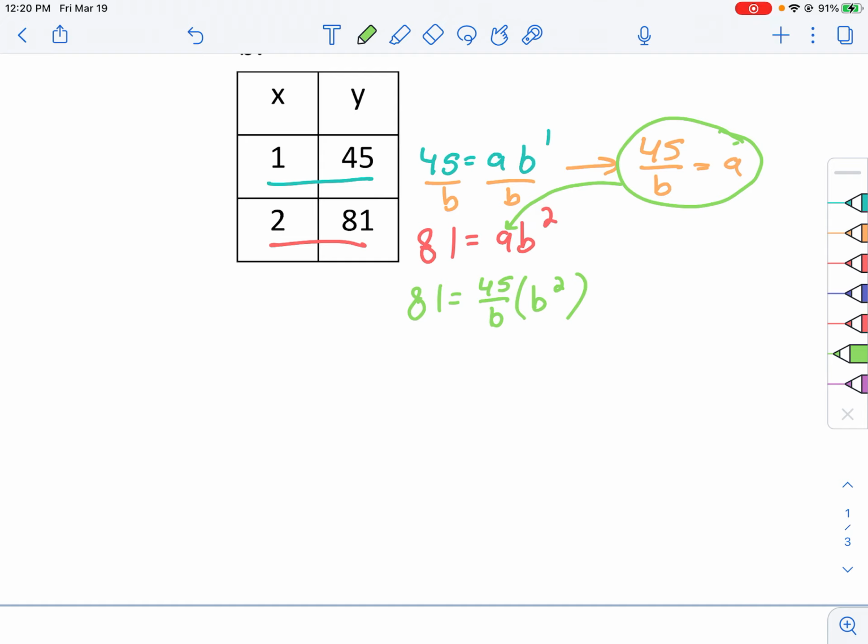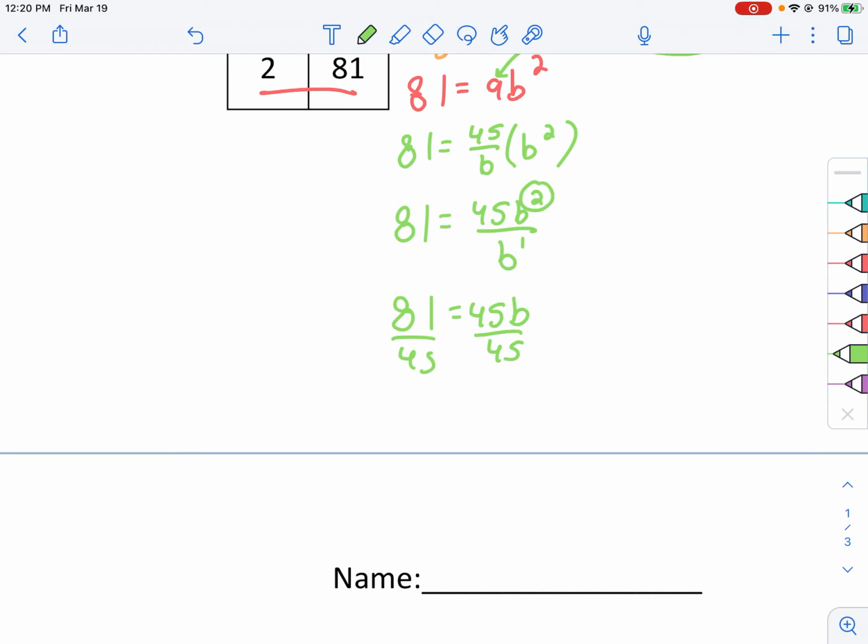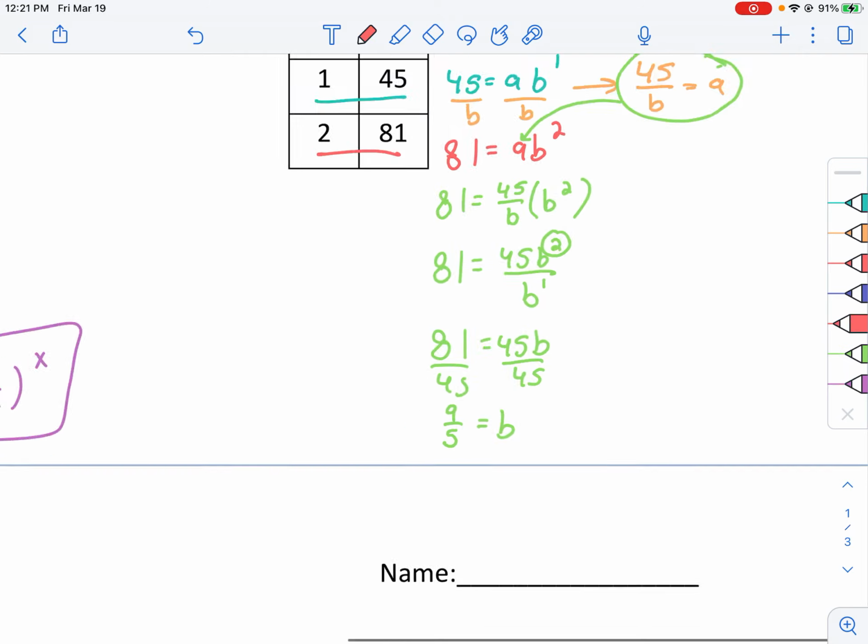Let's rewrite this: 81 equals 45b squared over b. We have a 2 and a 1, so 2 minus 1 is just 1. So this is 81 equals 45b. Divide both sides by 45. And 81 over 45 does reduce, so that would be 9/5 is equal to b.